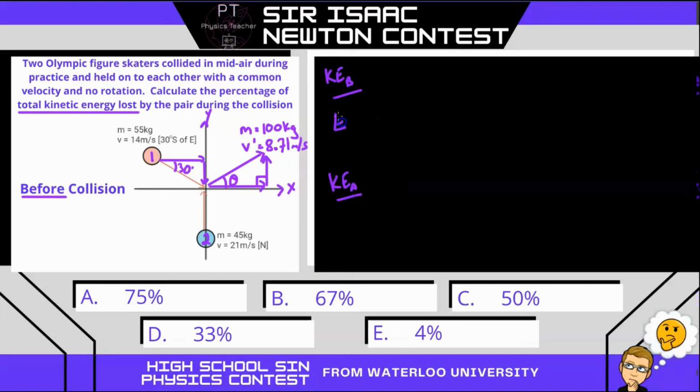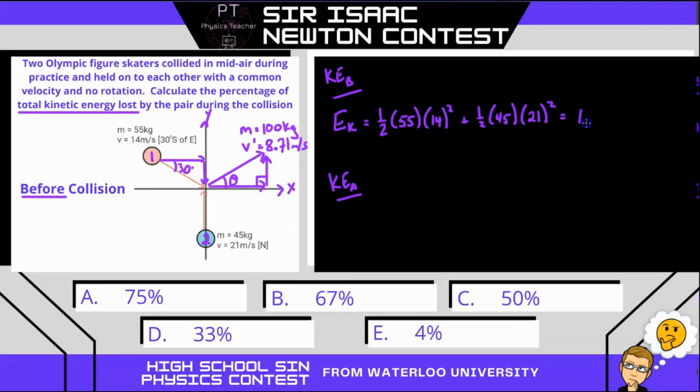Before the collision, our kinetic energy is equal to 1/2 the mass of our first skater, 55 kilograms, times their velocity squared. Remember, we don't care about direction. Kinetic energy is a scalar quantity, so that's just 14 squared, plus 1/2 our second skater's mass, 45 kilograms, times their velocity squared, 21 meters per second squared.